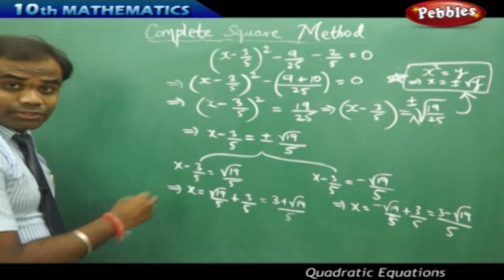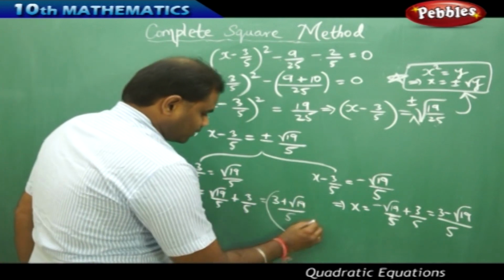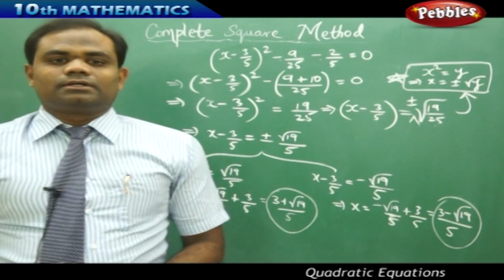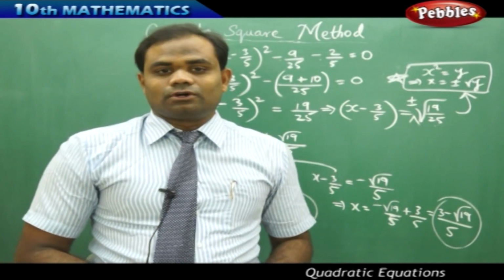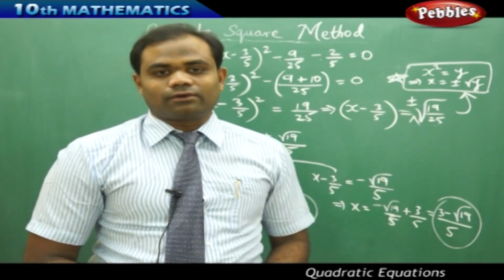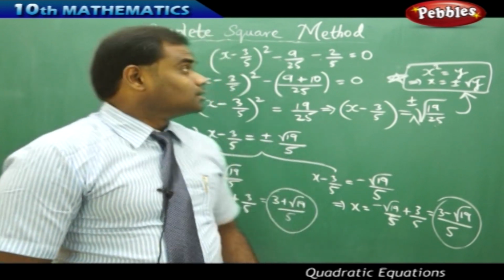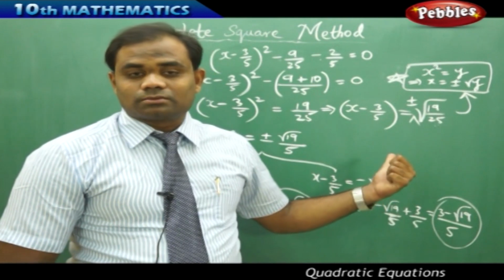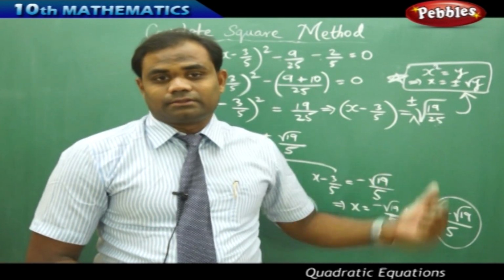Therefore, I get two solutions for the given quadratic equation, this and this, to be the roots or the zeros or the solutions of the given quadratic equation using the complete square method. So this is how we do the complete square method.